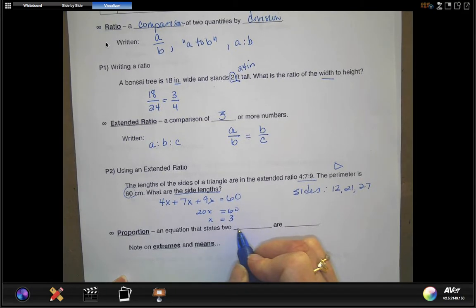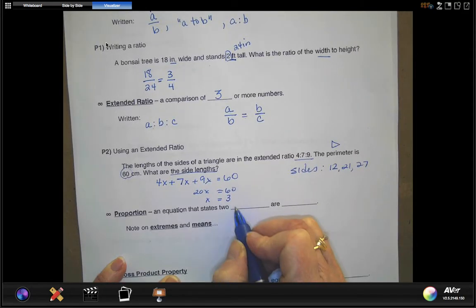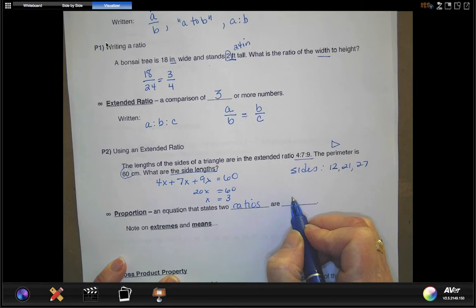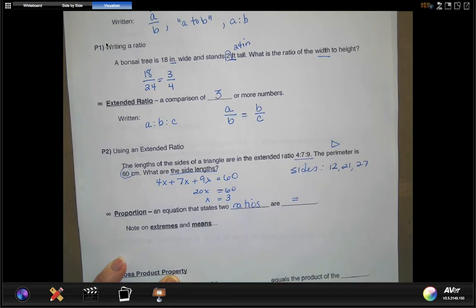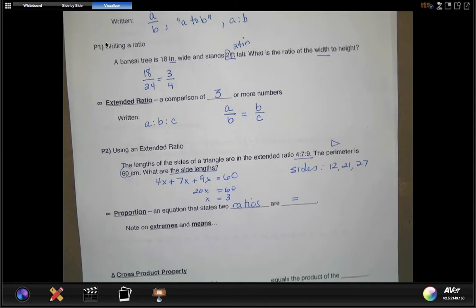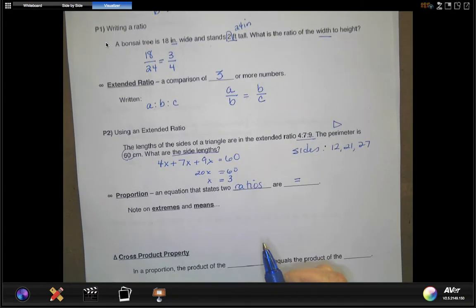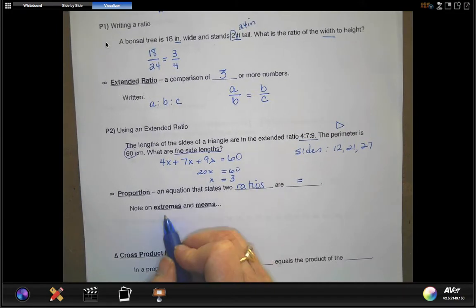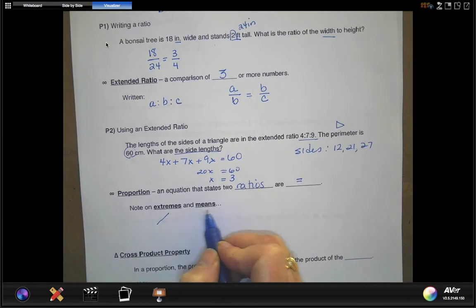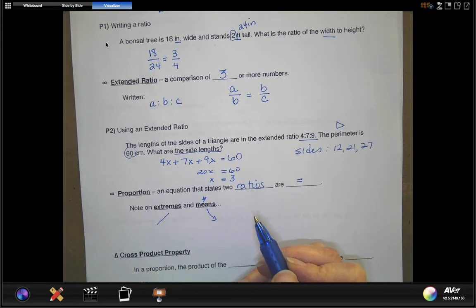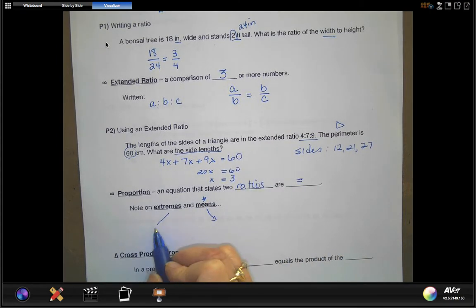A proportion is an equation that states two ratios are equal. Then there's this idea here of extremes and means. This is one, like the means we're going to find in a later section here.